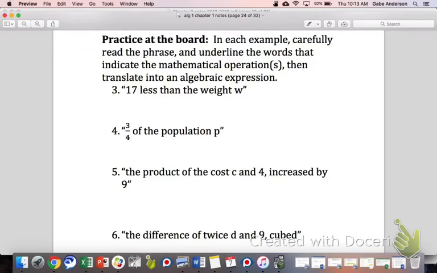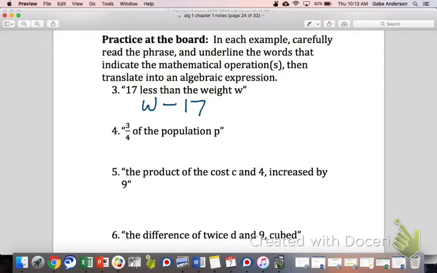Okay, let's go up to the board. Next group. So this one brings in the key word of. What does the word of most often mean? Multiply. So use that to try to translate this into math. Let's avoid the X. Let's go with maybe the dot.